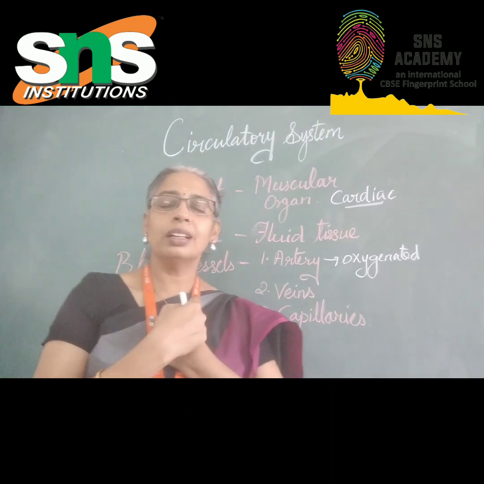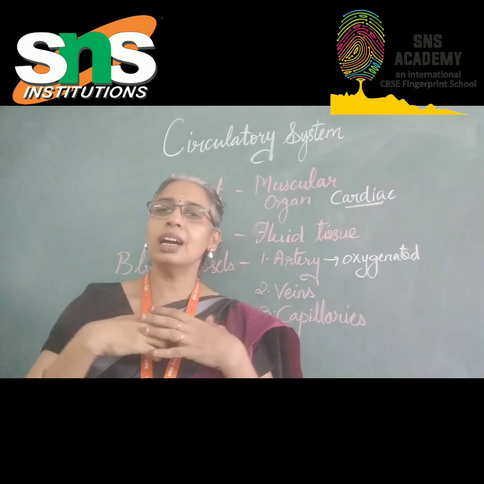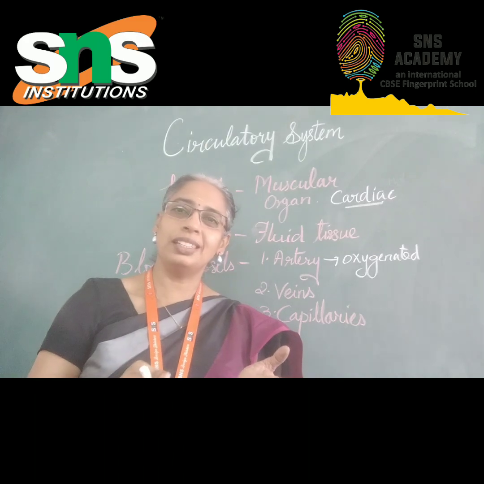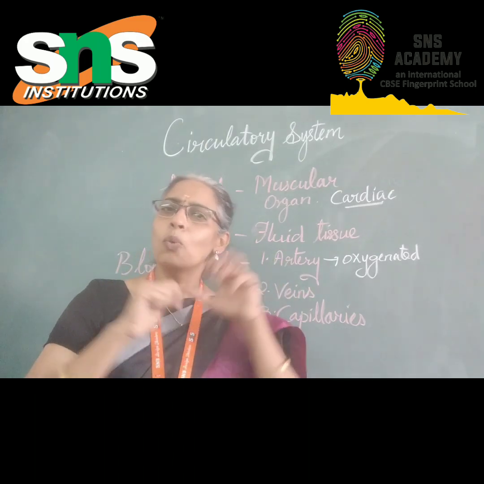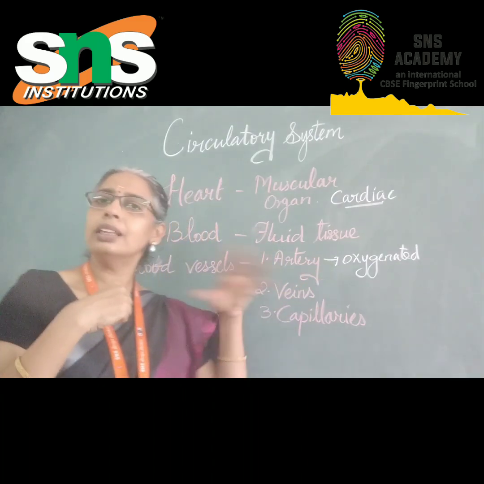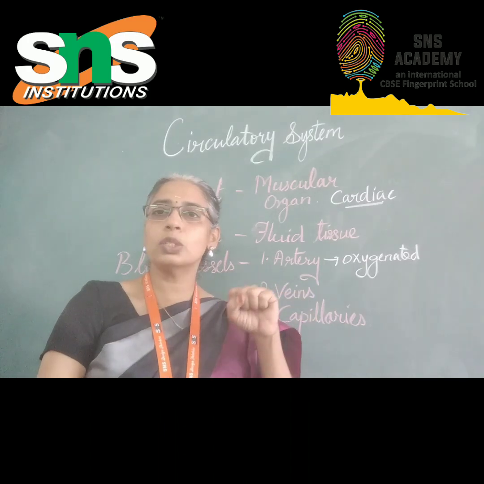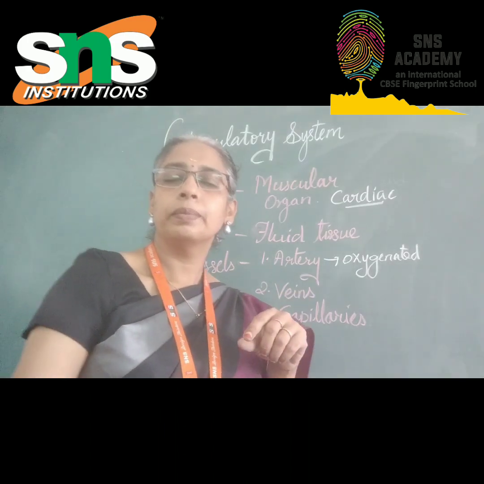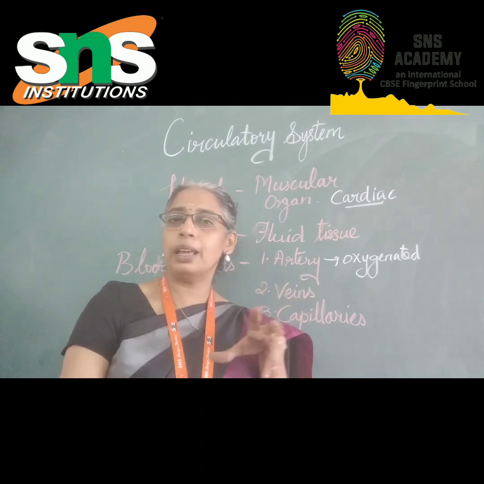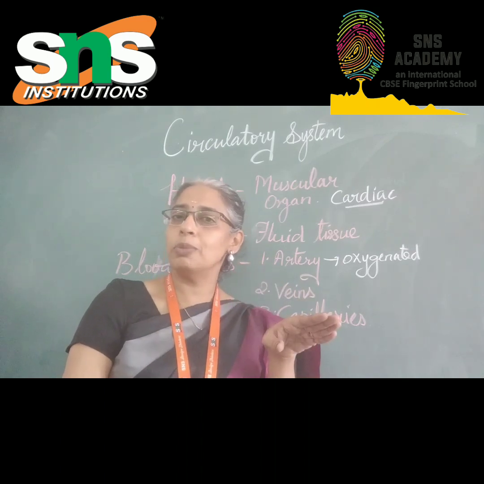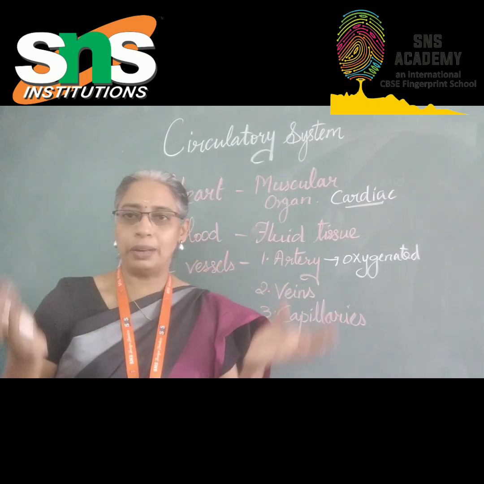The blood has to reach all the cells. So it carries from the heart to all parts of the body. Why should the artery carry the blood from the heart to all parts of the body? To supply, like the Swiggy man supply. It has to take the oxygen from the lungs to all parts.